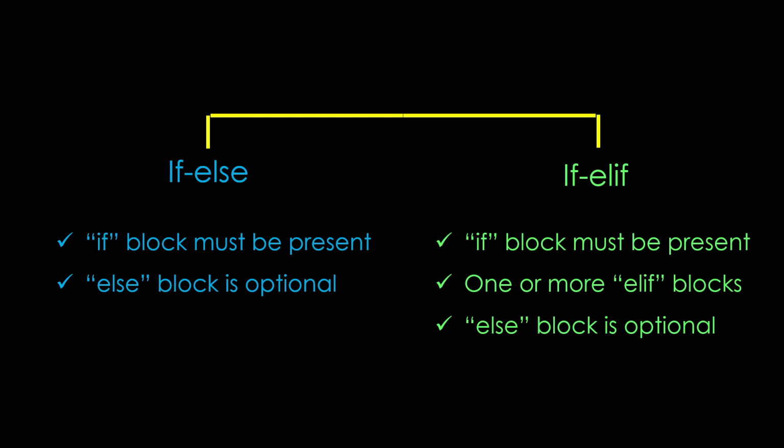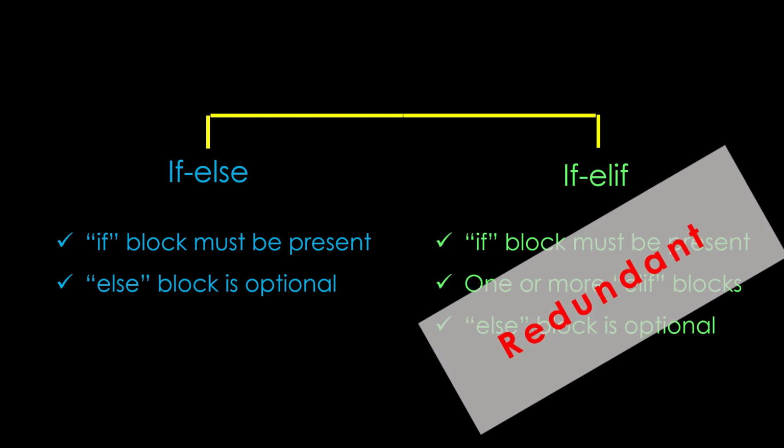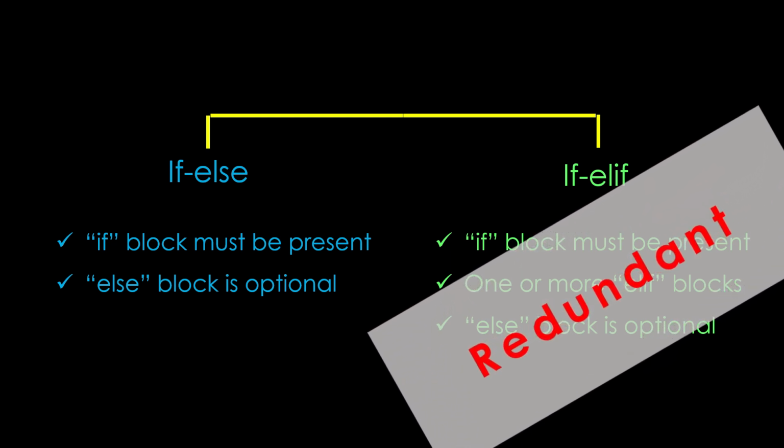The elif variant can have multiple elif blocks, and it can additionally end with an else block. In fact, for the first variant, else block is optional as well. Now, the fun fact is that the second variant of elif is actually redundant. Every decisional situation can be handled with just the first kind, the if-else blocks.